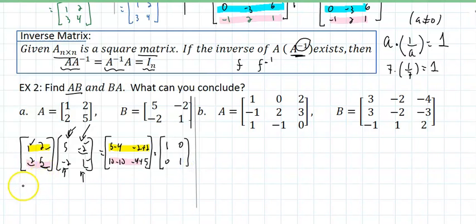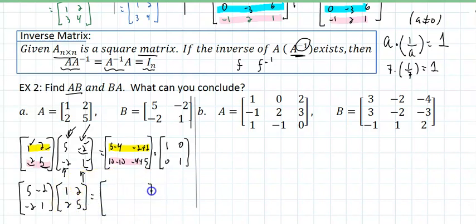That's not enough. I still have to do BA and make sure that I get the identity matrix, because sometimes it works in one direction and it doesn't work in another direction. So to generate the first row, I use the first row, and that is 5 times 1 is 5 minus 4, and 5 times 2 is 10 minus 10.